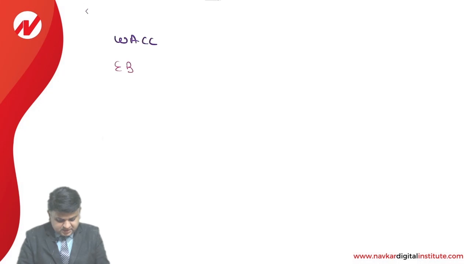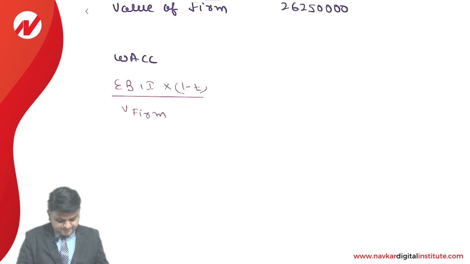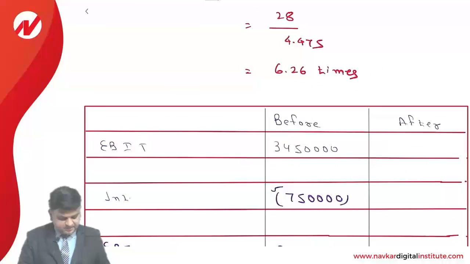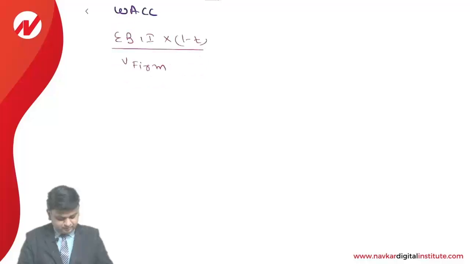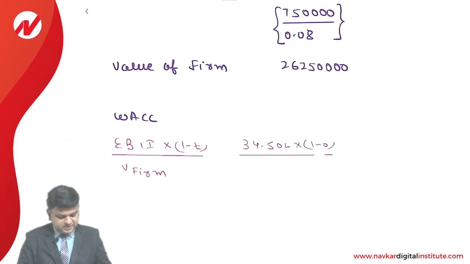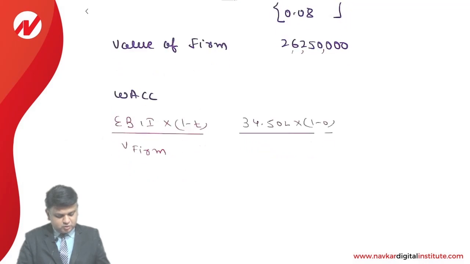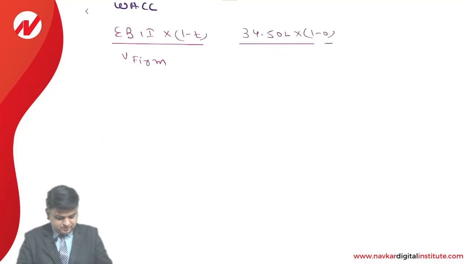It is found as earning before interest and taxes into 1 minus T, divided by value of the firm. What is the amount of the EBIT? It is 34,50,000, into 1 minus tax rate, which is 0, divided by value of the firm, which is 2,62,50,000.